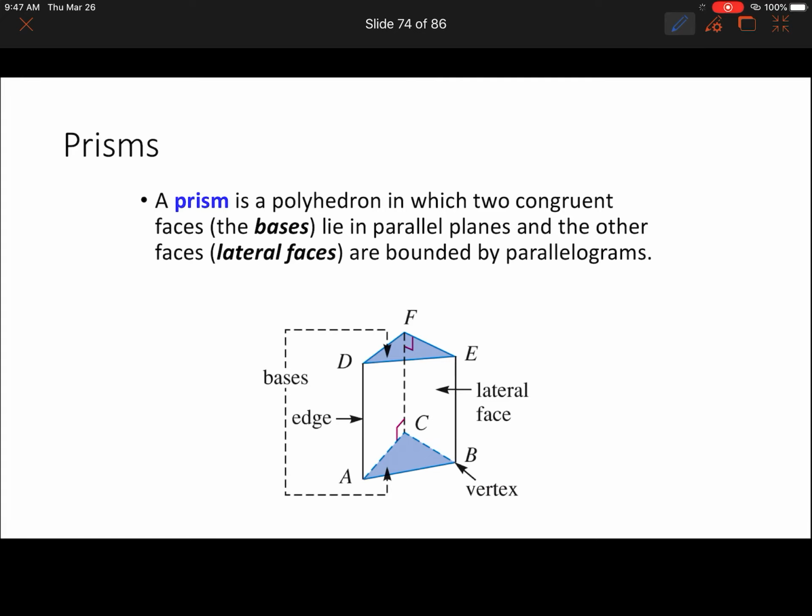So you can see the ones that are labeled as being the bases. Those are parallel to each other. They're the same size and shape. And then the other faces are what we call the lateral faces. So the ones on the side. So this one, and then the one on the front side, which I'm not going to shade. Each of those are called the lateral faces.